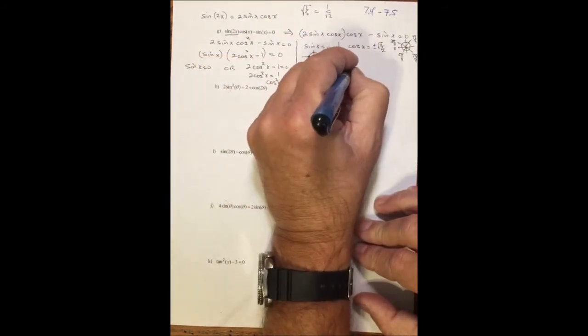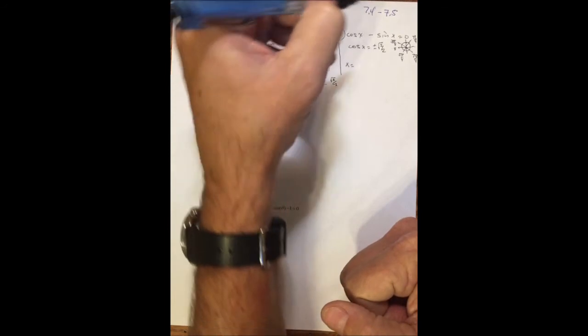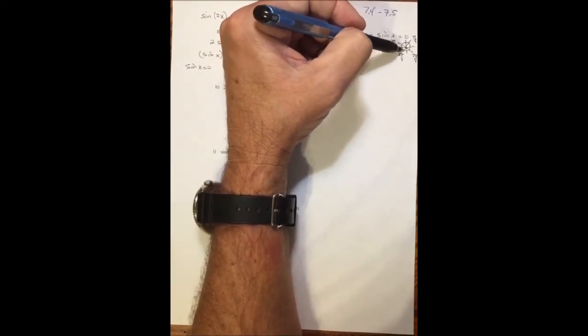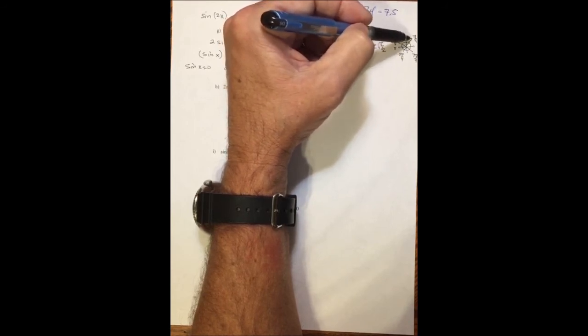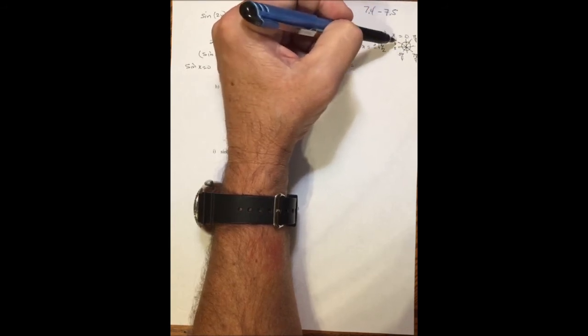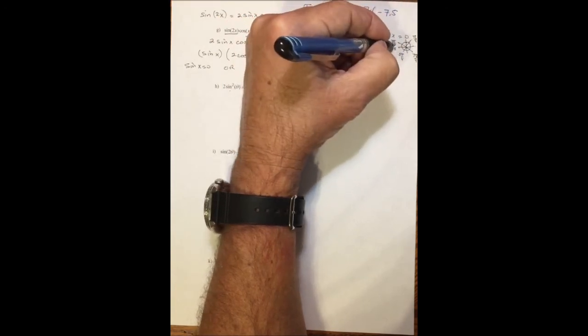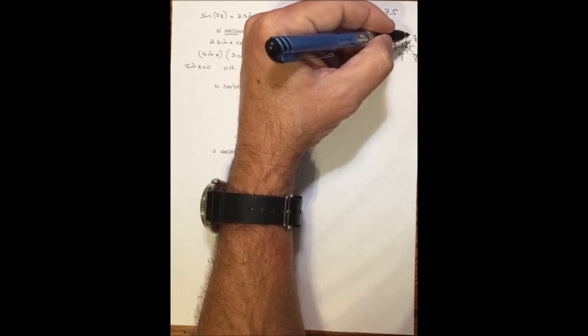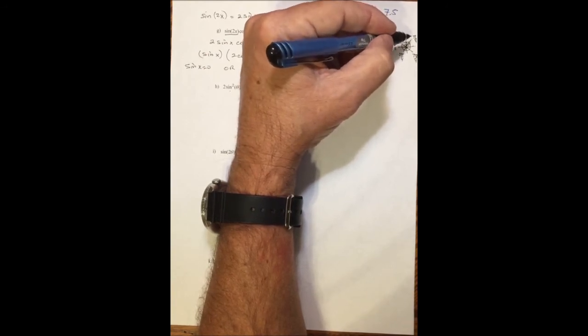So the deal is, how can we efficiently write all of this? Well, we know that these two are pi radians apart. 5 pi over 4 minus pi over 4 is pi radians. But look at these. This is 3 pi over 4 and pi over 4. If I take 3 pi over 4 and subtract pi over 4, I get 2 pi over 4, which is pi over 2.